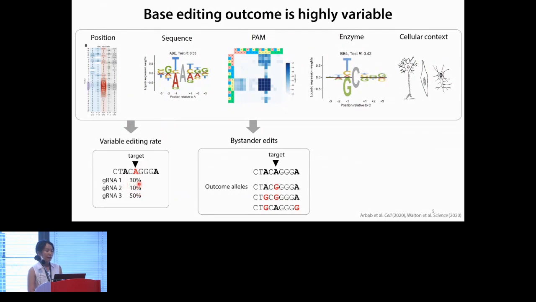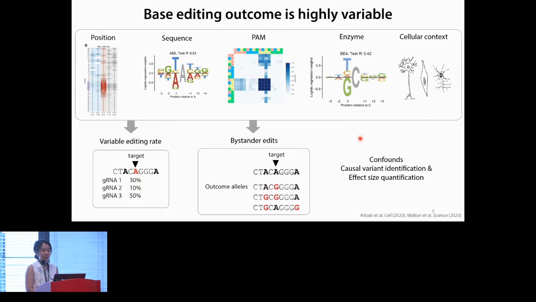So different guide RNA will induce different levels of editing. Second, bystander edits can happen, which means the adjacent bases that we didn't intend to edit can be edited together or edited instead of what we tried to do. So these two outcomes will confound our analysis in identifying the correct causal variant and correct variant effect sizes.